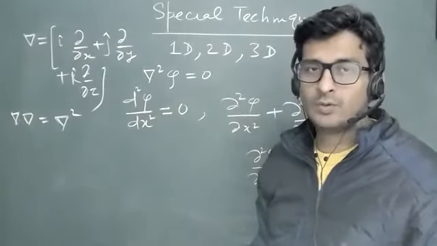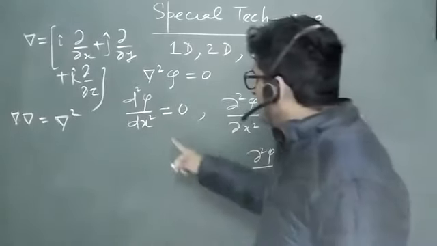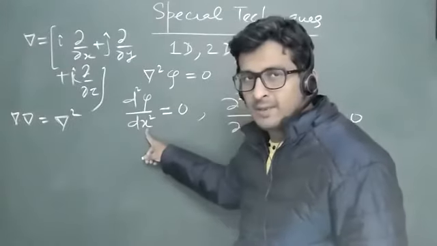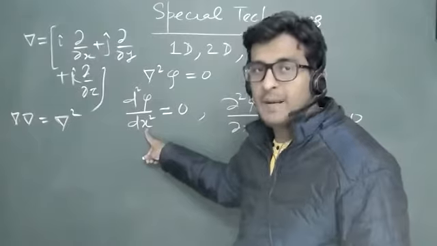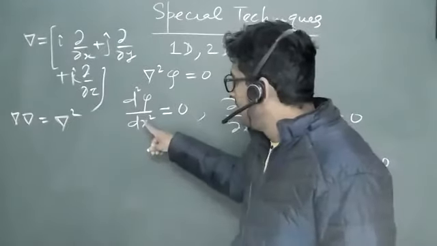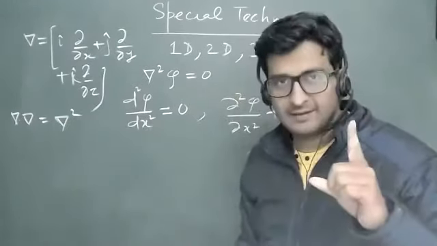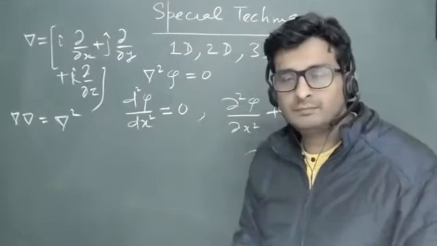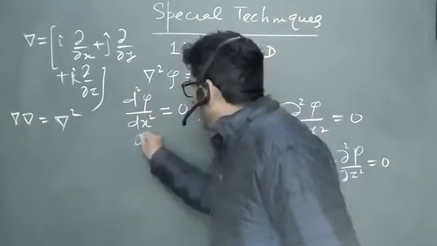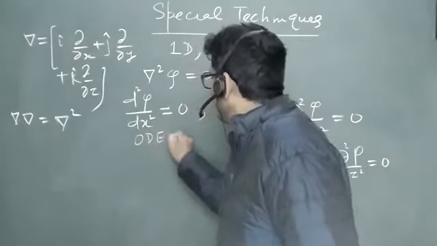I have told you that this is independent variable. This is independent variable. तो independent variable एक है, तो इक्वेशन का नाम क्या है? Ordinary differential equation.